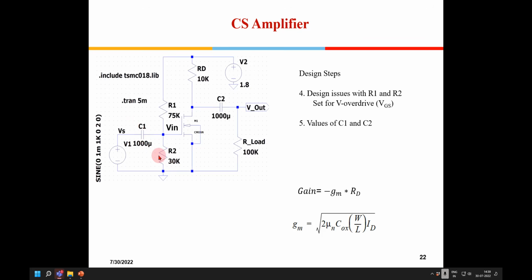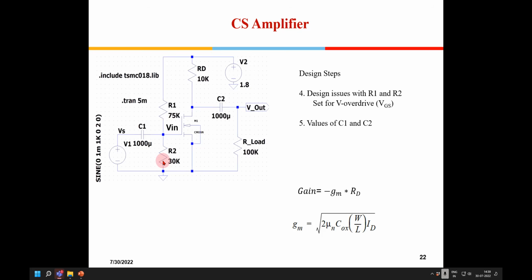Omega is equal to 1 by RC, right? For the filter, at least 1 decade frequency lower it should cater. So the value of the capacitance will be decided based on the frequency of operation. Is it okay? Yes, sir.